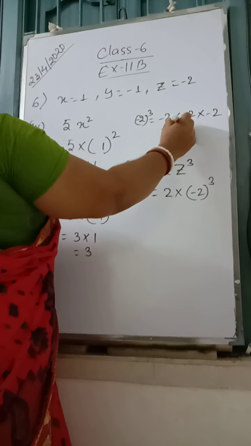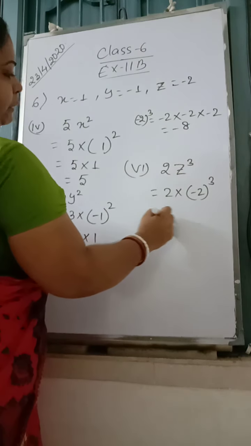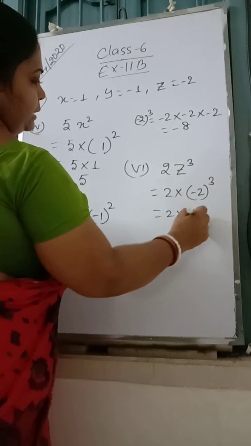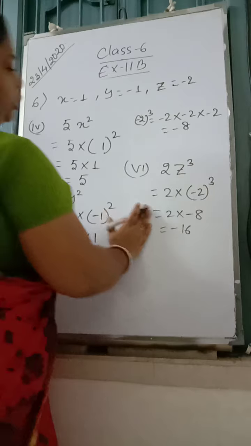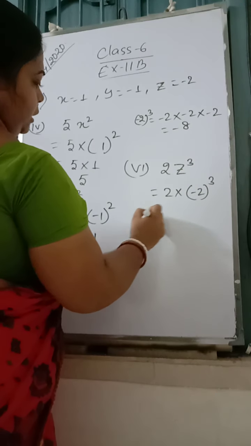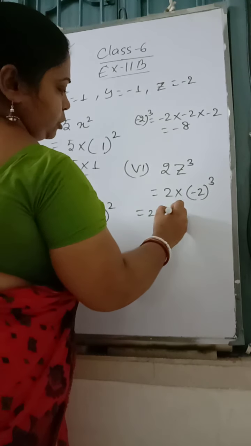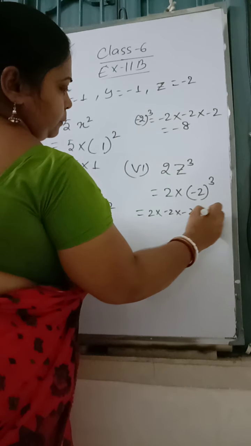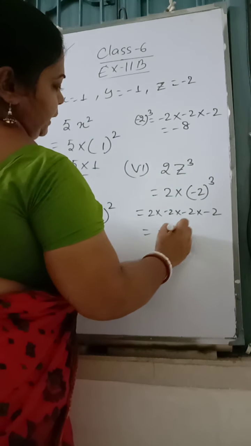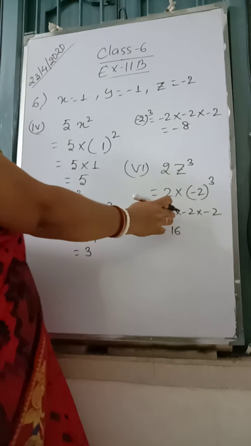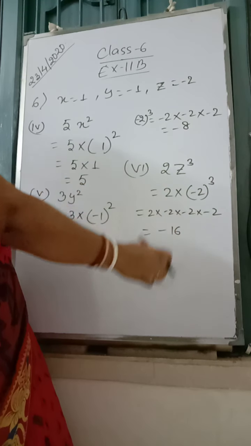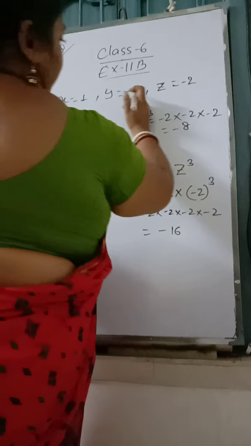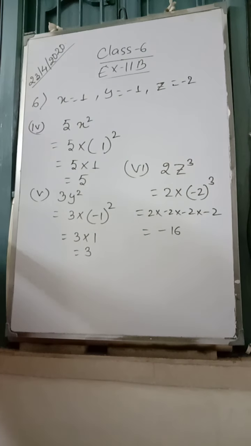So this gives you minus 8. So what will we be writing? 2 into minus 8 gives you minus 16. If you want to write it here, you can write it here only. Just wait. 2 into minus 2, minus 2, minus 2, or it gives you minus 16. 2 4s are 8, 2 8s are 16, minus minus plus, plus minus minus. So the answer will be minus 16.